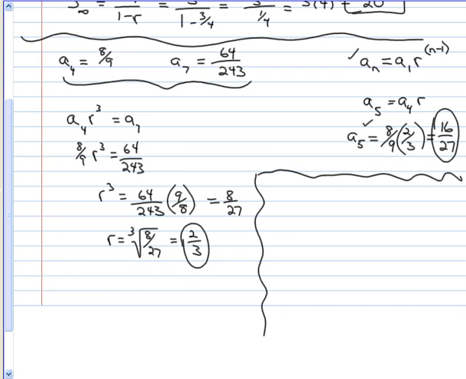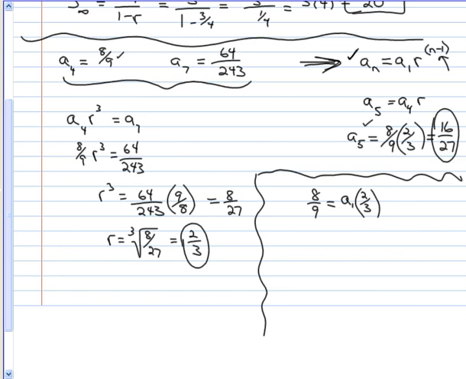If I use the fourth term in the formula, my fourth term is 8/9. 8/9 must equal the first term, a sub 1, which I don't know, times my common ratio, which we figured out was 2/3, raised to the n minus 1 power.